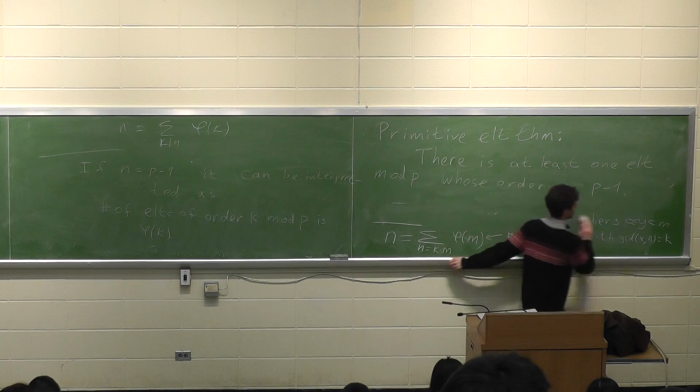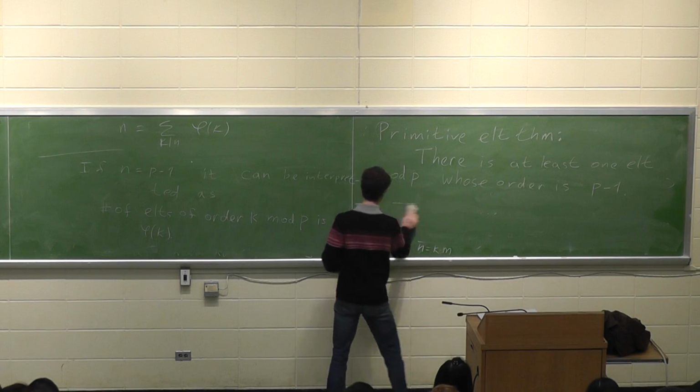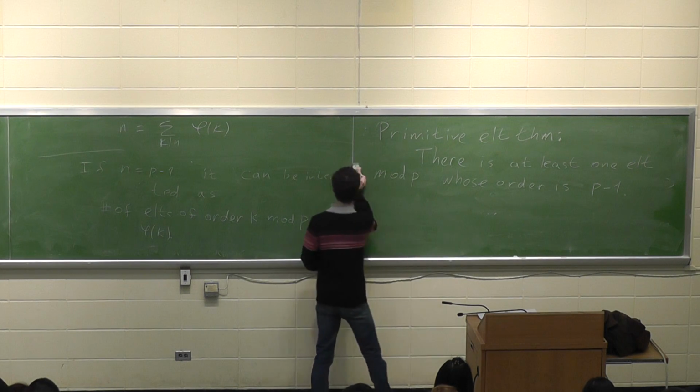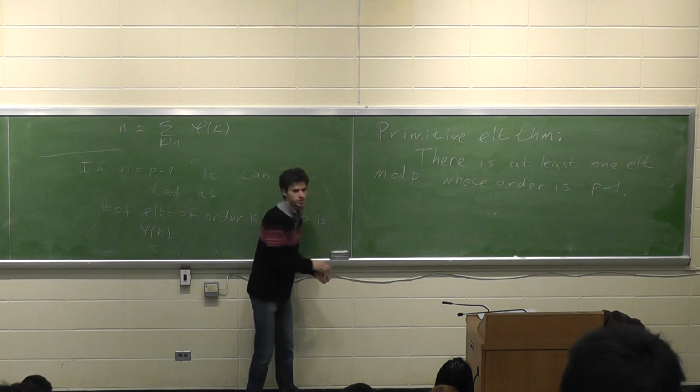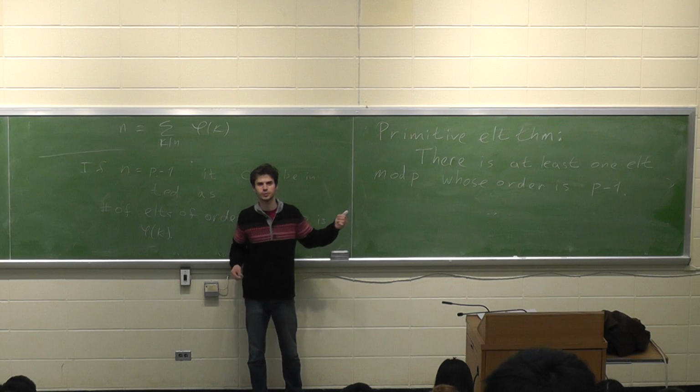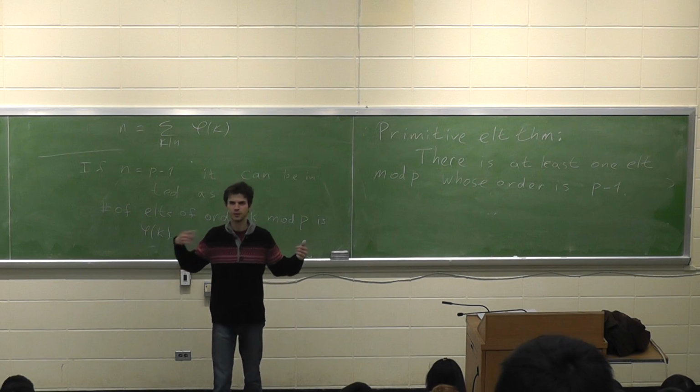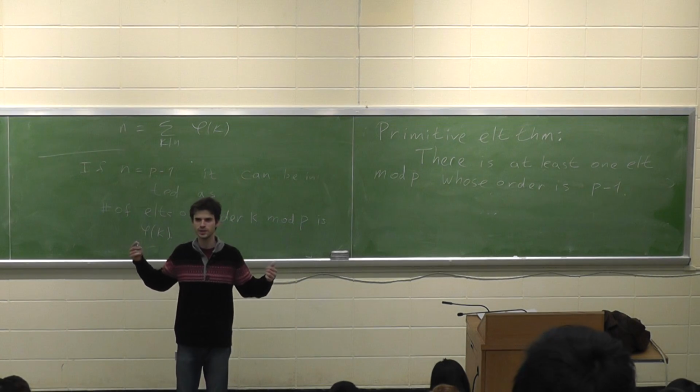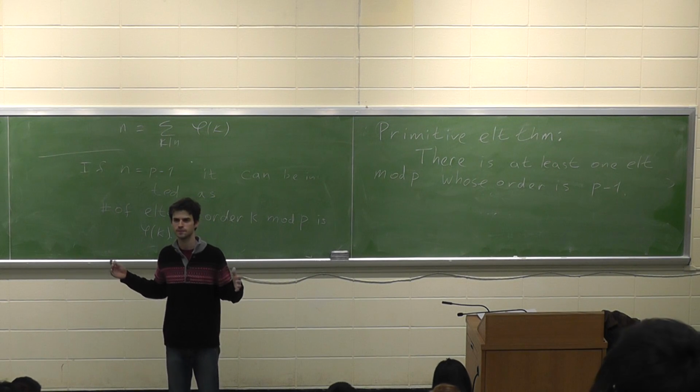Let me explain what it means. What does it mean that its order is p minus 1? It means that all of its powers up to the power p minus 1 are different numbers, not equal to 1.